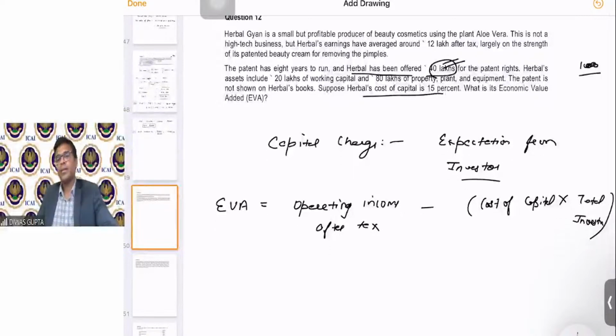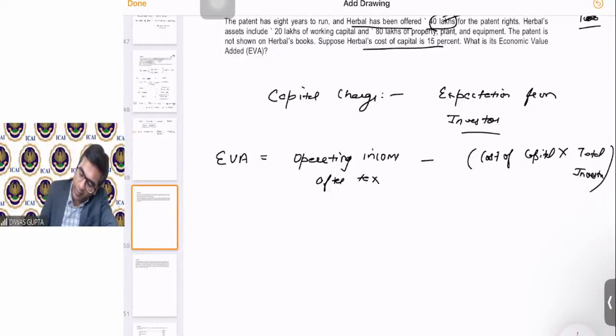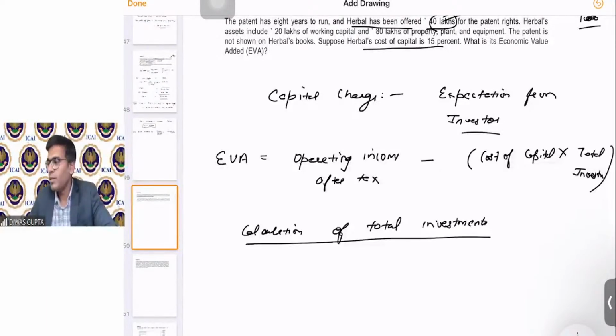Okay. This is what it will be. Now, calculation of total investments. So students, total investments, how will they be calculated?